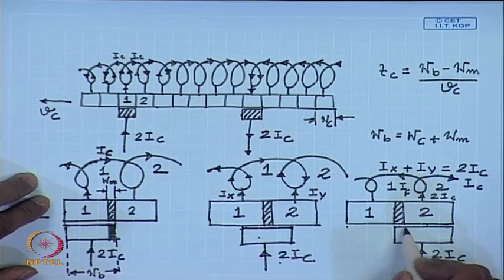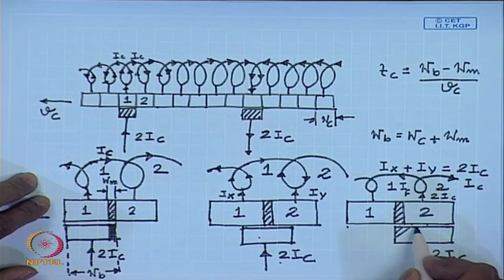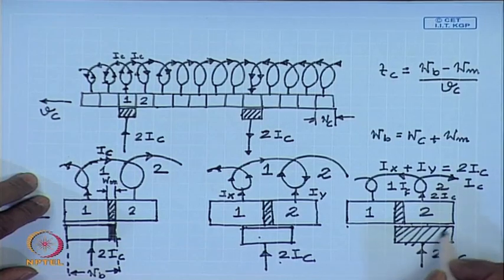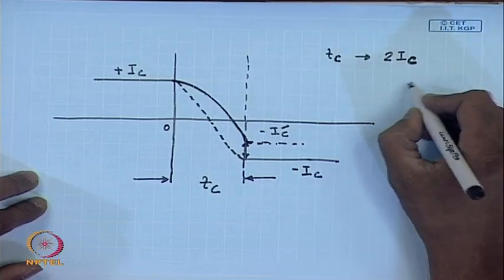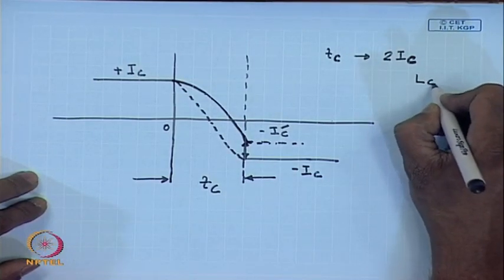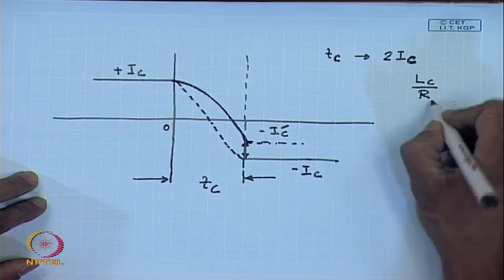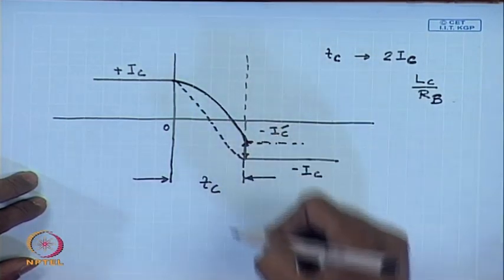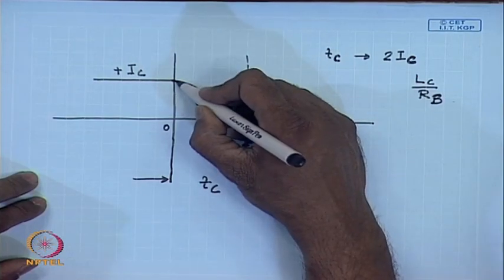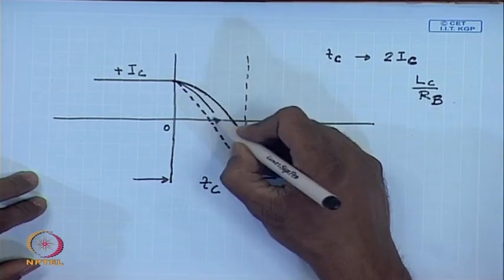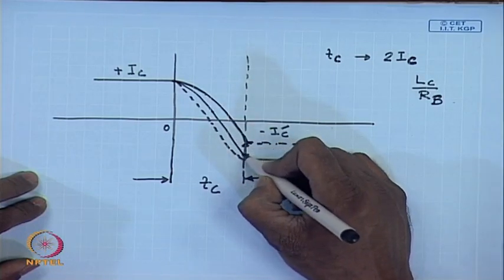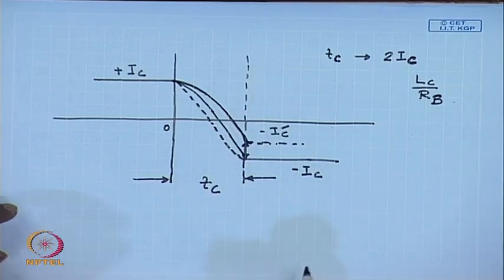Let us see, if the brush resistance along with the contact resistance is large enough, then the time constant formed by the leakage inductance of the coil and the brush contact resistance may be small, which will hasten the change in current in the coil undergoing commutation and will reduce spark.